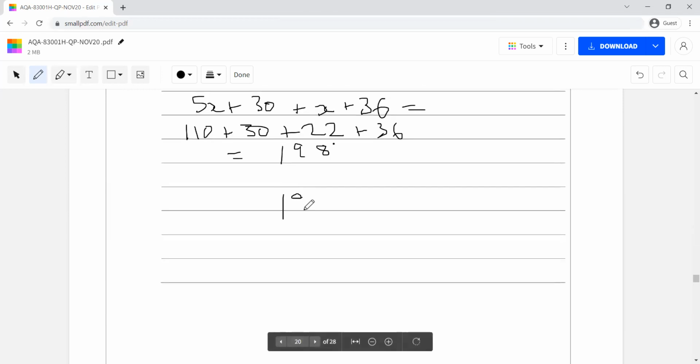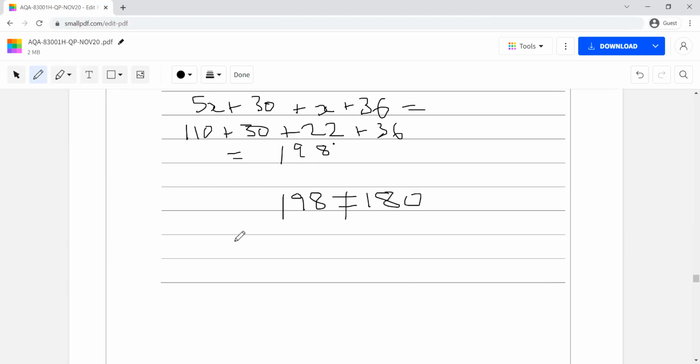And 198 is not equal to 180. So therefore it's not cyclic.